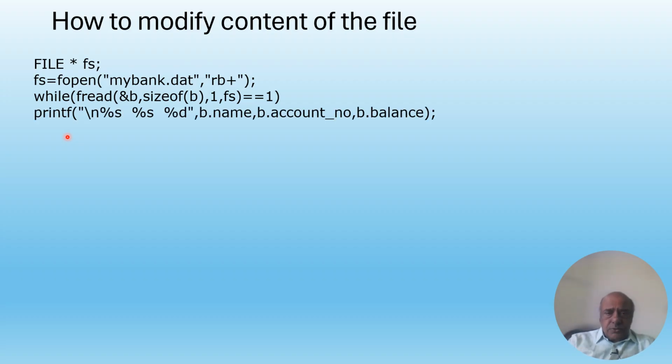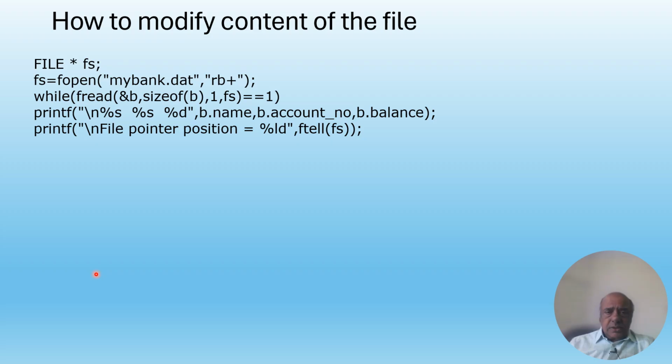Then we are going to see what data is available in the file by the function fread(&b, sizeof b, 1, fs) == 1, and this printf statement outputs the data read by the function fread from the file.